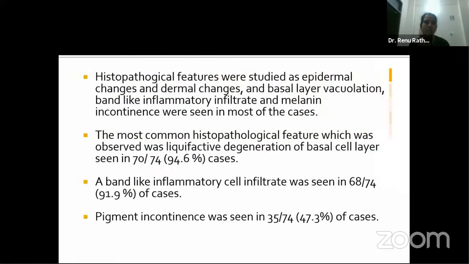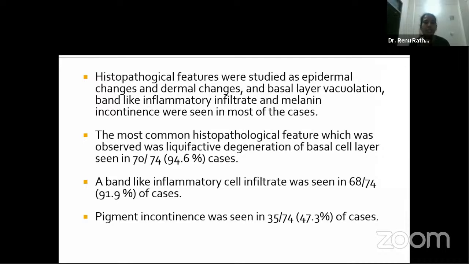The histopathological features were studied. These features were epidermal changes and dermal changes, and basal layer vacuolation, band-like inflammatory infiltrate, and melanin incontinence. So these 3 features were seen in most of the cases. And the most common histopathological feature observed was liquefactive degeneration of basal cell layer.